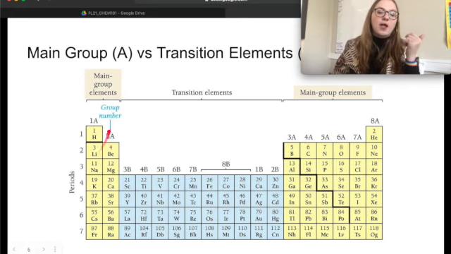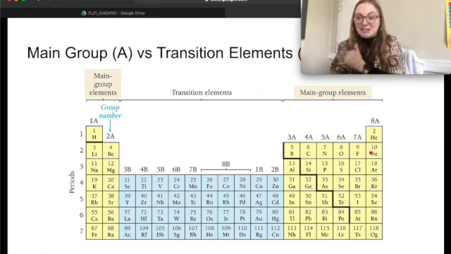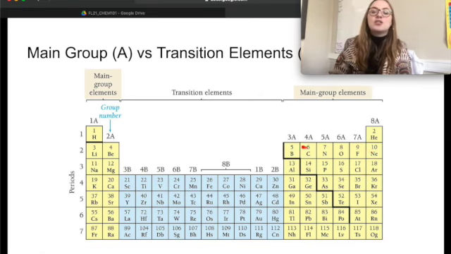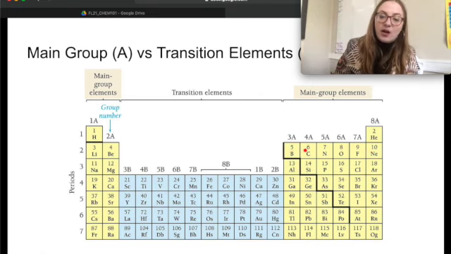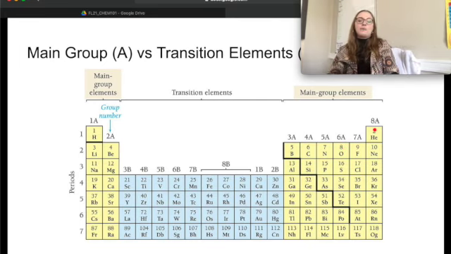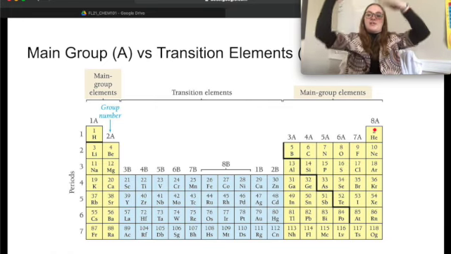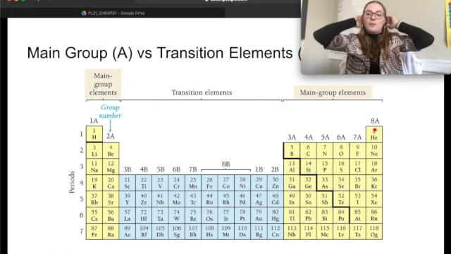So main group elements are going to have A at the top of their column, and they're going to be the first 2 columns. So the column with hydrogen, the column with beryllium, and then they're going to be all 6 of the last 6 columns, all 6 of those. So the ones with boron, carbon, nitrogen, oxygen, fluorine, and helium. So they're basically the parts of the periodic table that stick up off the top. That's where you're going to find the main group elements.